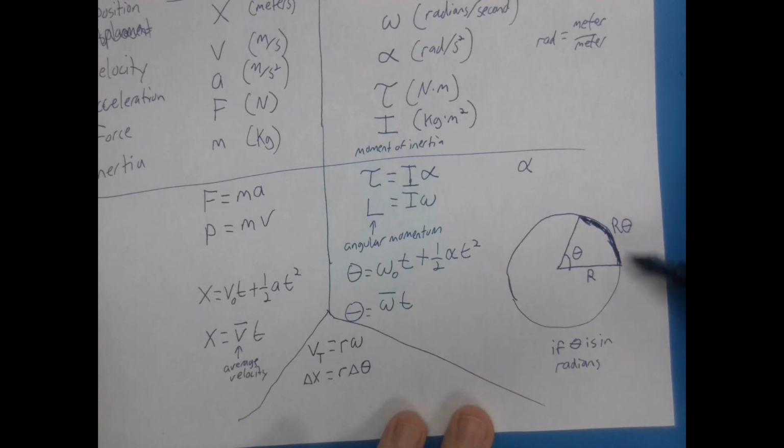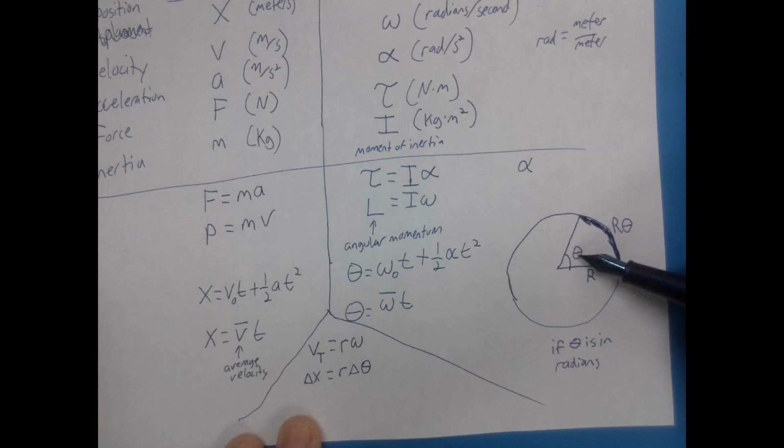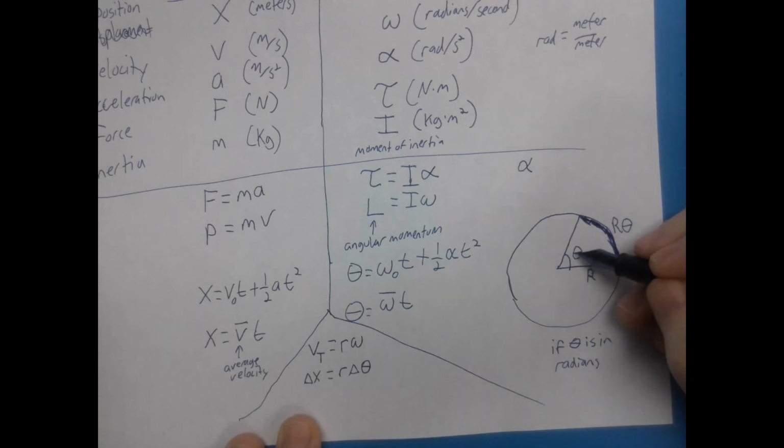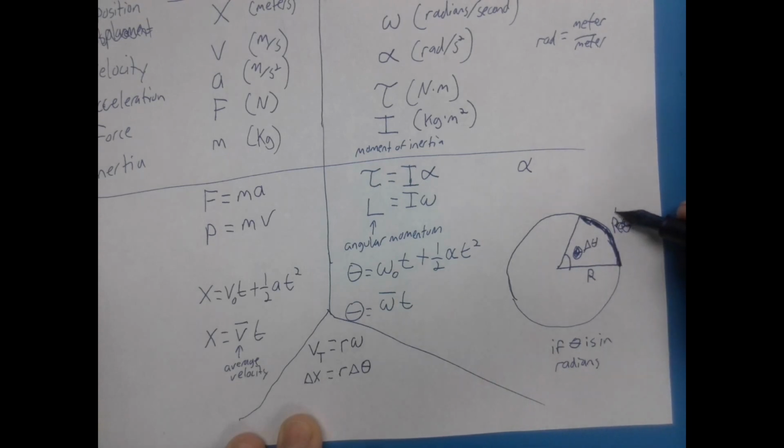So if you're in radians, then you can directly convert distances between linear and rotational. So how much this angle changed? So this is your change in angle. It should probably be delta theta to give you a better idea.